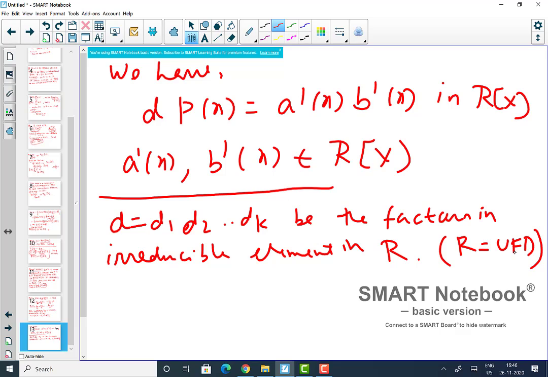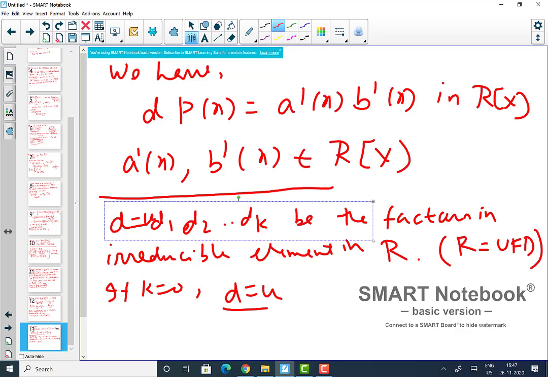What does that mean? Now I will do induction on this k. Obviously d can be a unit also, so I can write a unit times something. If k equals 0, then d is a unit, and this is obvious.